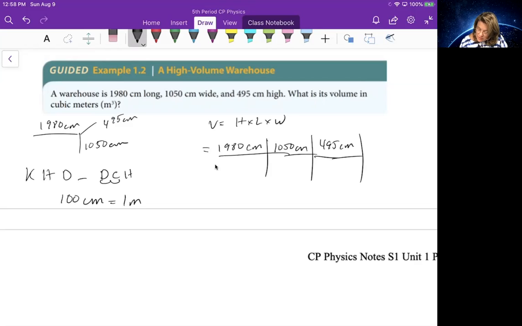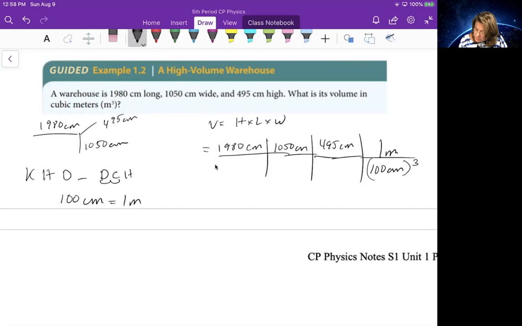So I can come over here and write 100 centimeters and put 1 meter on top, right? How many centimeters did I cancel? I only canceled 1. Well, how many centimeters do I have on top? I have 3. So I have to have 3 on the bottom. I only have 1. So I could actually write out 1 over 100 3 times, which would be a lot of work. Or I could do this.